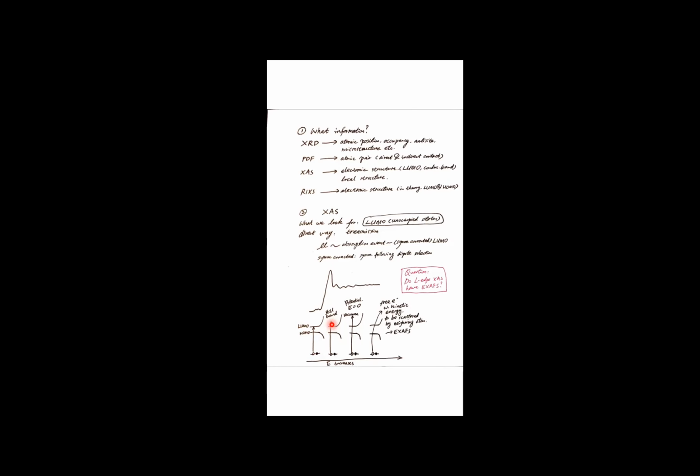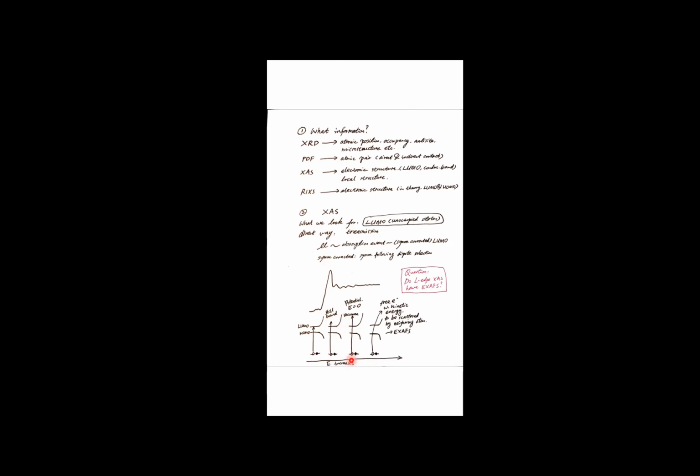It's still within the system. Just that the electron has a different state now. It's no longer a core electron, but it's promoted to a conduction band, still in the bound state. So this corresponds to something around here, for example, the 4p state, right? It is in the conduction band, but still in a bound state.